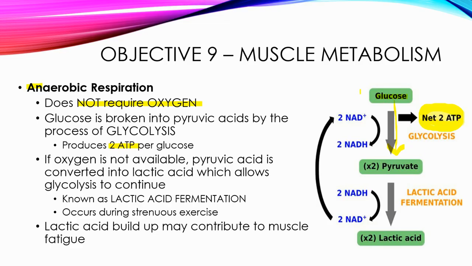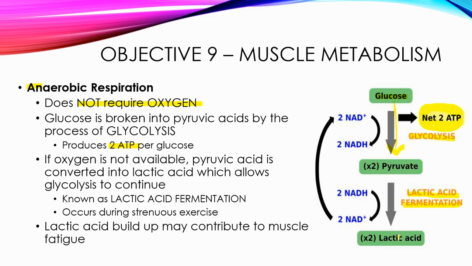Now, in order to keep doing glycolysis and getting 2 ATP at a time, we have to recycle these things called electron carriers. You don't really have to know the details of this, but just know that in order to continue glycolysis, lactic acid fermentation is going to happen. In fermentation, there's actually 2 types.